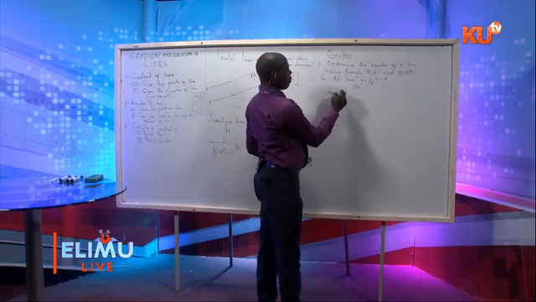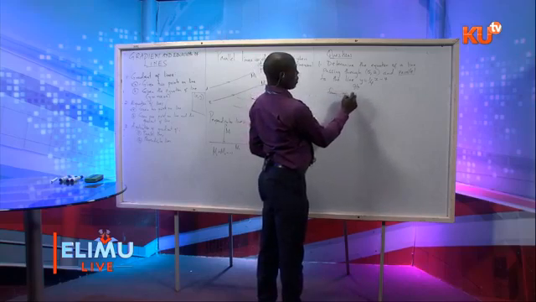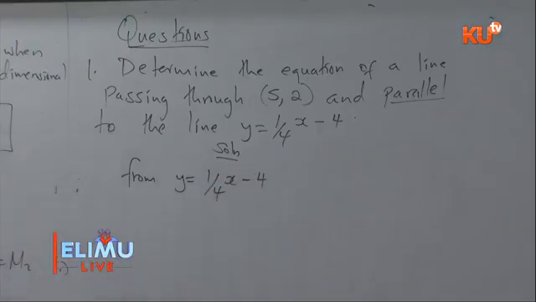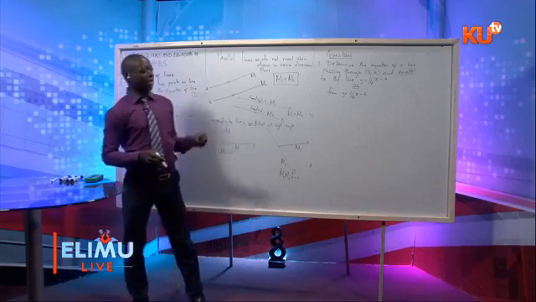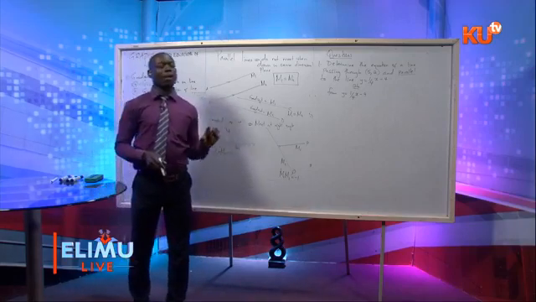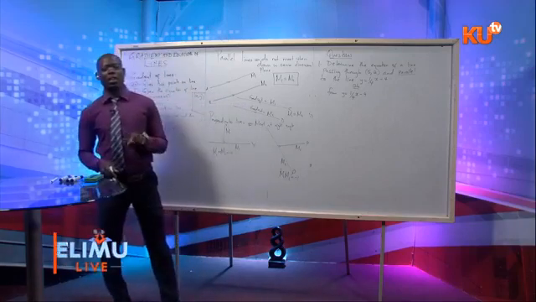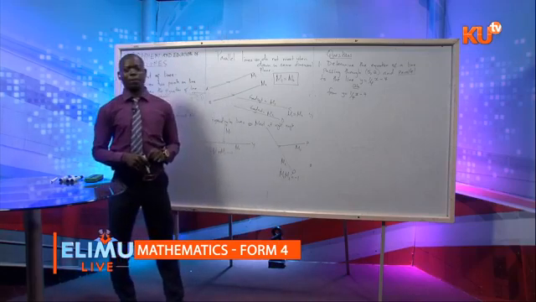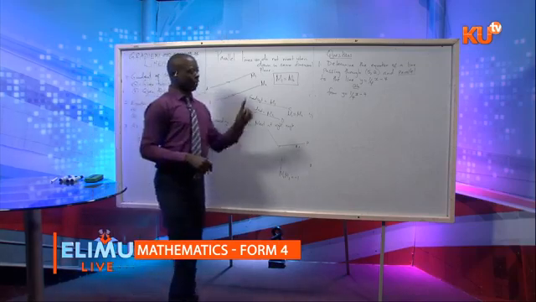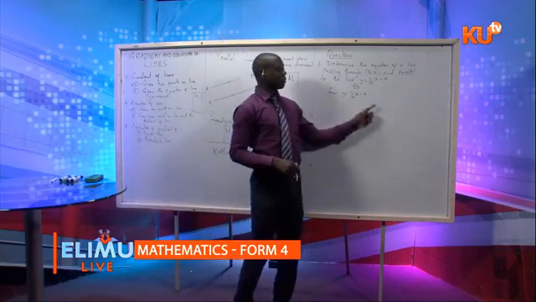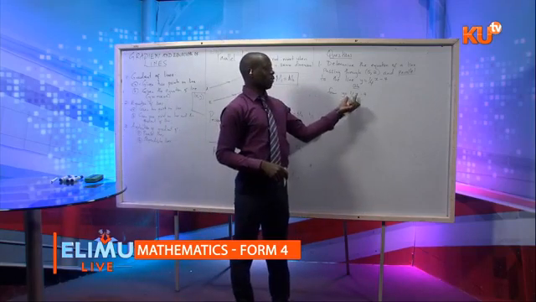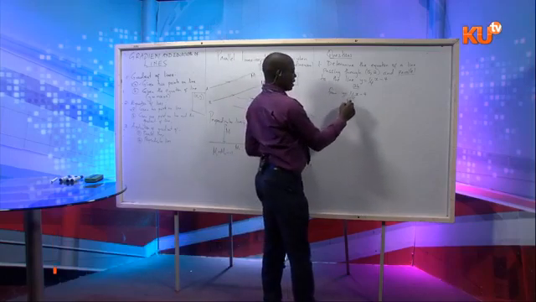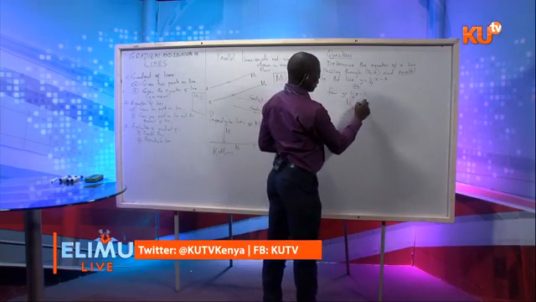From the given equation y = 1/4 x - 4, we've said you can obtain the gradient of the line by simply picking out the coefficient of x, as long as the equation is in the form y = mx + c. In this case, it is already in that form. So the coefficient of x here is a quarter, implying that the gradient, which is m1, is a quarter.